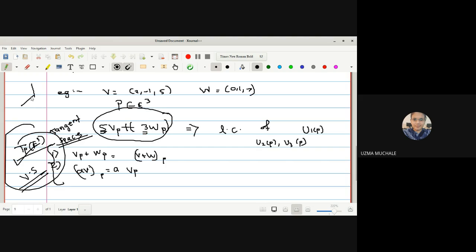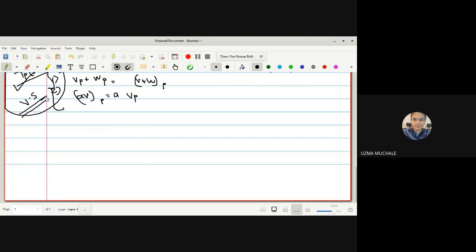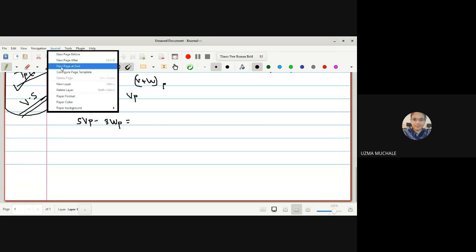Okay, this is what a tangent space. At a single point P we have to define many tangent vectors. So what is our aim now? We have to write down 5Vp minus 3Wp as a linear combination of u1, u2 and u3.